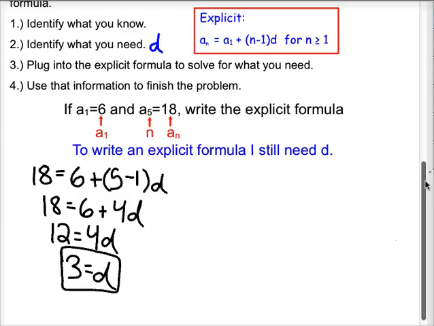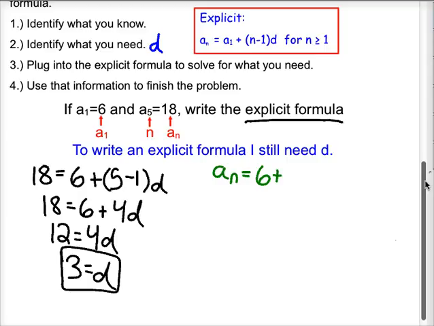So now that I have that, my actual instructions are to write the explicit formula. That's what they actually want me to do. So now I'm going to use that d and write my explicit formula. The explicit formula is A1, which is 6.